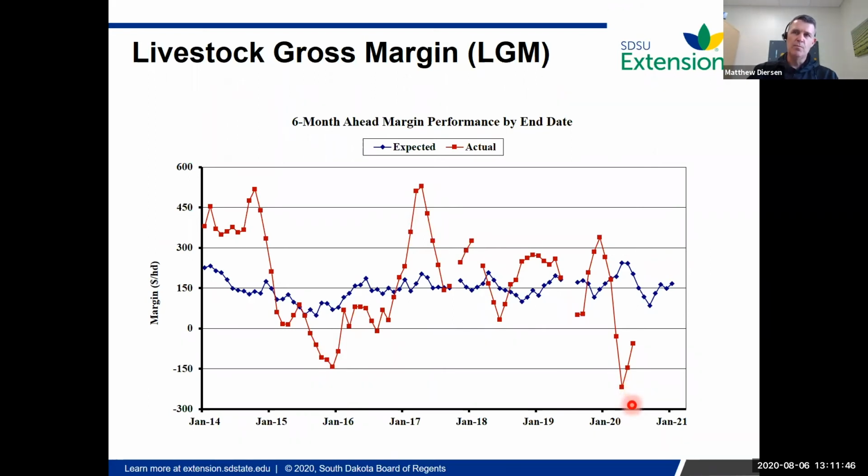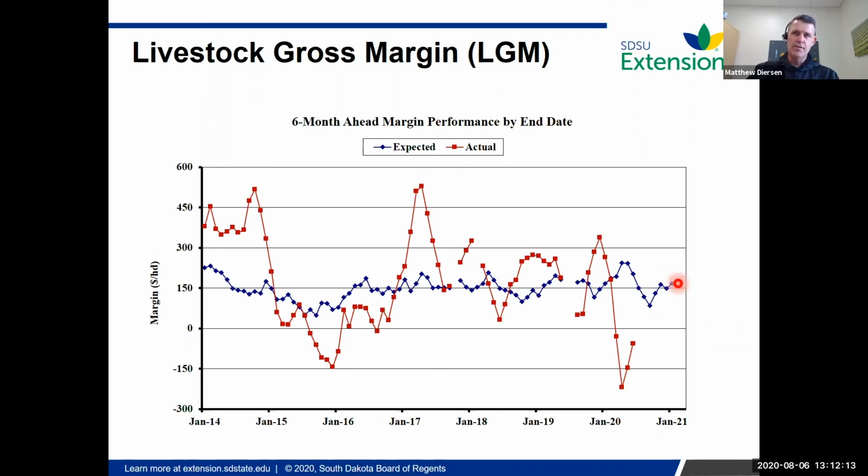The actual margin, this would have been during April, was almost $250 negative, or in the red at that time. So these margins have fluctuated tremendously feeding cattle, and that again is just indicative of the kind of risk that's been present or continues to be present in this market.